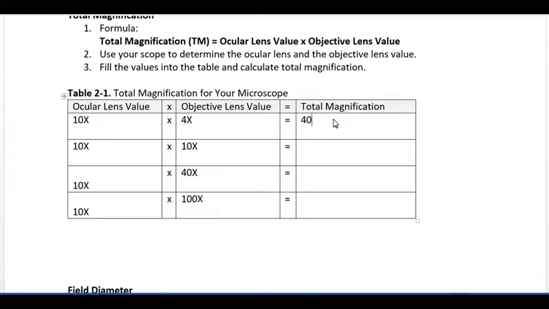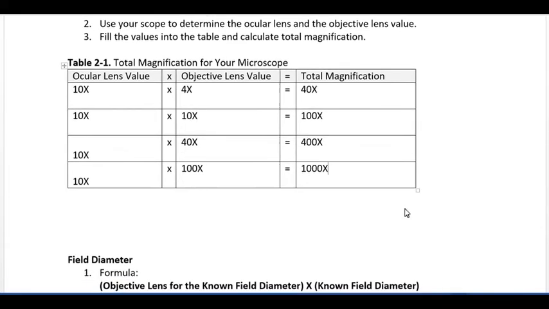So for the first, you'll have 40x as your total magnification. At the next objective, you'll have 100x, and then 400x, and then finally 1000x, and that's your total magnification. So you may need to refer back to this table as you're going in to work through the field diameter.